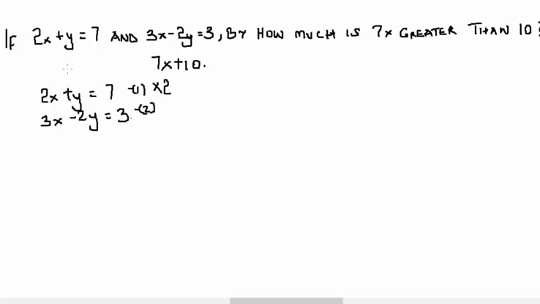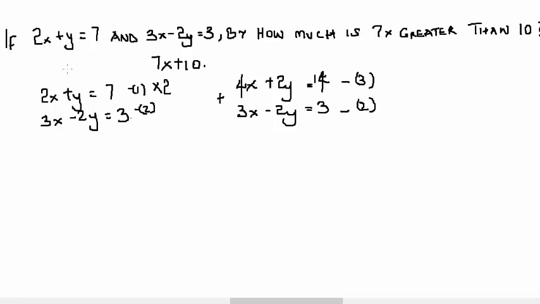Now if I multiply equation 1 by 2, this becomes 4x plus 2y is equals to 14, okay? And I have for this one that 3x minus 2y is equals to 3. This remains unchanged, okay? This becomes equation 3, and this still remains as equation 2.